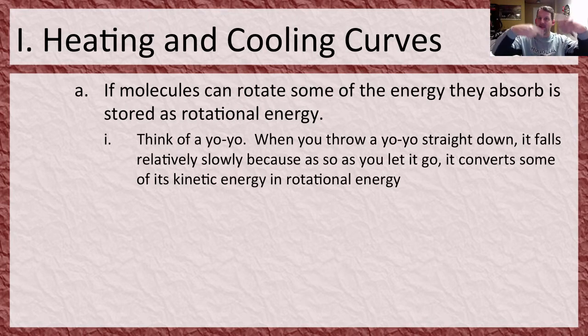The faster it spins, the more rotational energy it has. But that rotational energy doesn't contribute to the kinetic energy of the yo-yo. The two together equal the energy you gave it when you flung it downward, but some is stored as rotational and some as kinetic, instead of all kinetic. You end up with a yo-yo that falls slower than if it wasn't rotating.